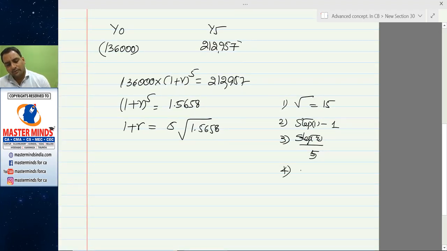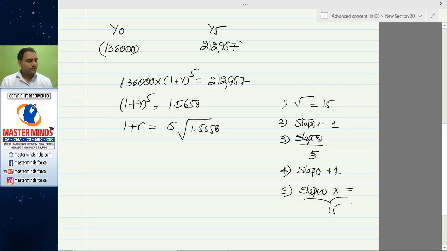Step 4, step 3 plus 1, then step 4 value into equal to. This procedure should be continued for 15 times.